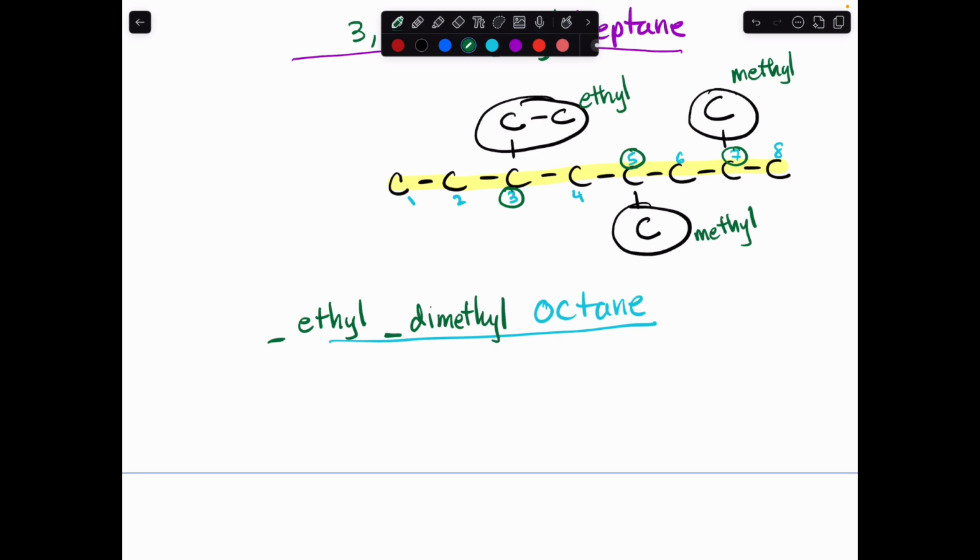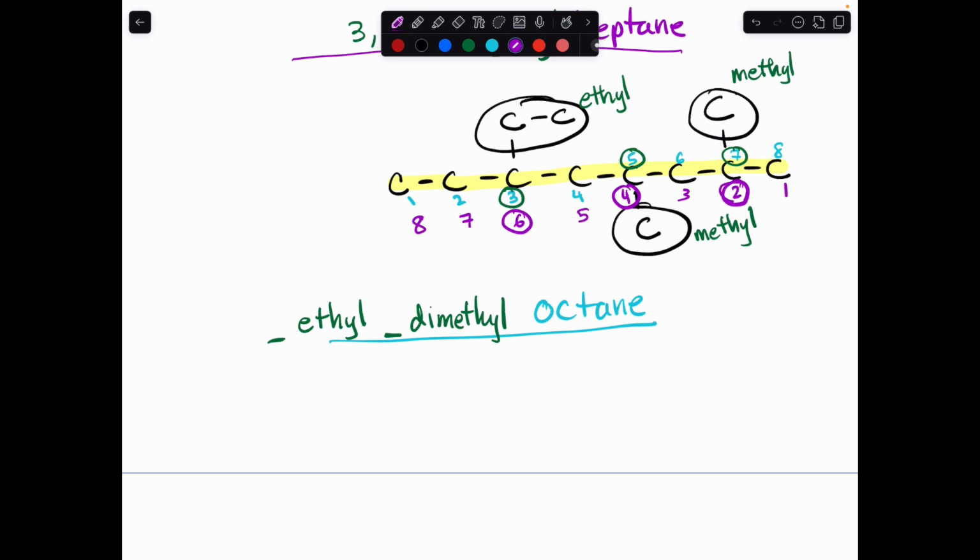But what happens if I number it the other direction? 1, 2, 3, 4, 5, 6, 7, 8. I still have 8 in a row. Now the dimethyl is in the 2 and the 4, and the ethyl is in the 6. That's a smaller set of numbers. And again, I'm not going to try to fool you too much with that, especially as it gets this complicated, but that's why I number it that direction.